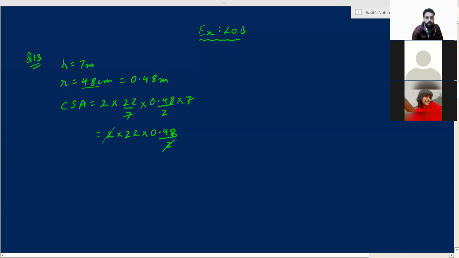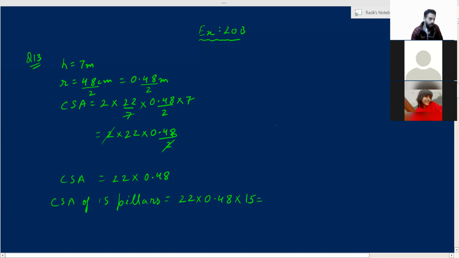Radius is 48 upon 2, that means 0.48 upon 2, because the diameter is 48 centimeters. So we get 22 into 0.48. This is the CSA of one pillar. CSA of 15 pillars, we will multiply this by 15. Yes, sir. 22 into 0.48 into 15.